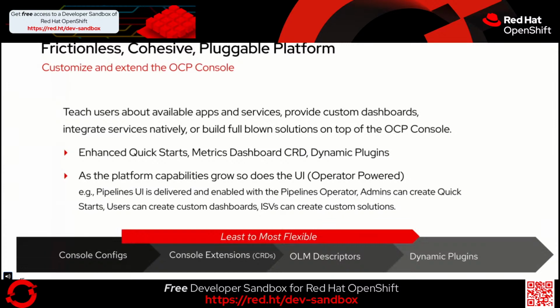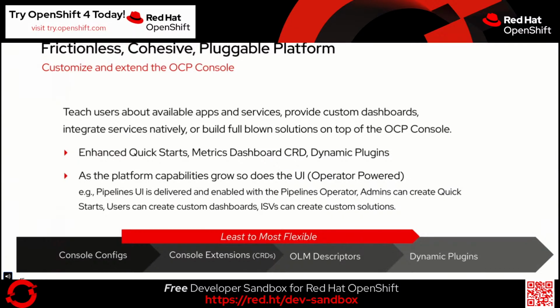And so we're looking to enhance features in the following areas: our quick starts, our upcoming metrics dashboard, custom resource definitions to handle enabling custom dashboards, and the continued evolution of our dynamic plugin framework. Soon, teams will be able to update the UI code via operator releases. This dynamic plugin will be the ultimate enabler that will allow internal and external add-on operators to create solutions on top of the OpenShift platform. Next slide, please.